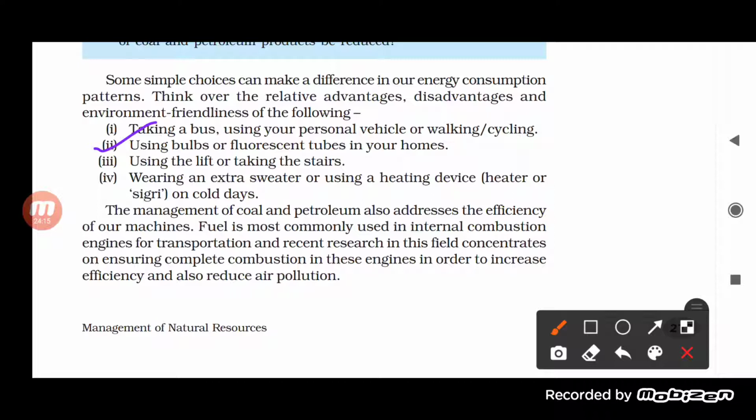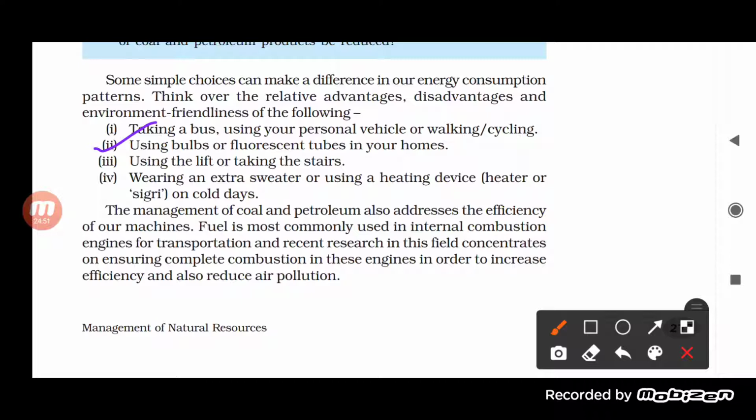Fluorescent tubes consume less electricity. So it will be much better to use a fluorescent tube rather than a bulb. Then using the lift or taking the stairs. Yes, in both cases we will prefer to take the stairs. Wearing an extra sweater or using a heating device, a heater or sigri, on cold days. Yes, wearing an extra sweater will be much better, as it helps in conserving electricity.